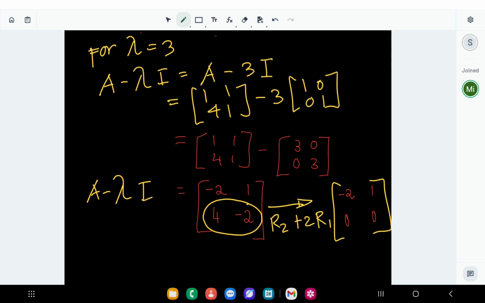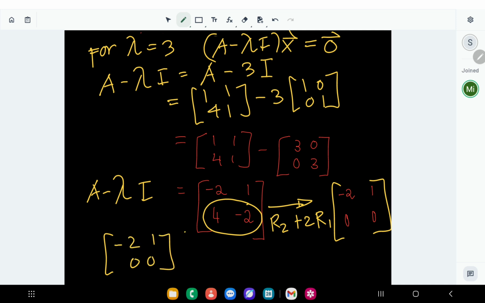But our equation is A minus lambda I times the eigenvector equals the 0 vector, because we are interested in finding the eigenvector. So we can multiply that -2, 1, 0, 0 by the eigenvector.